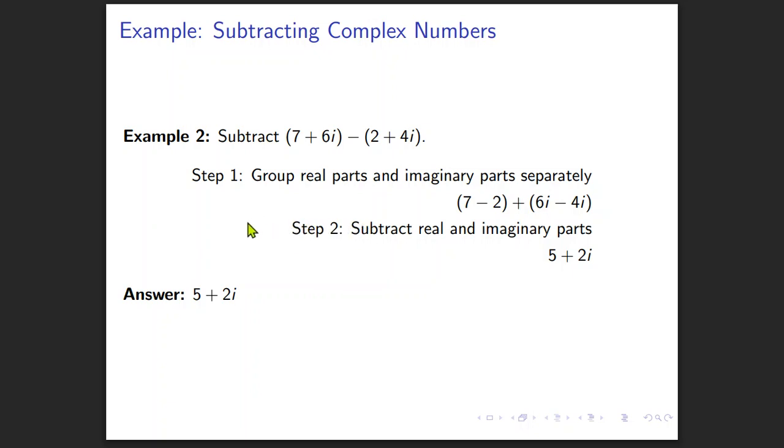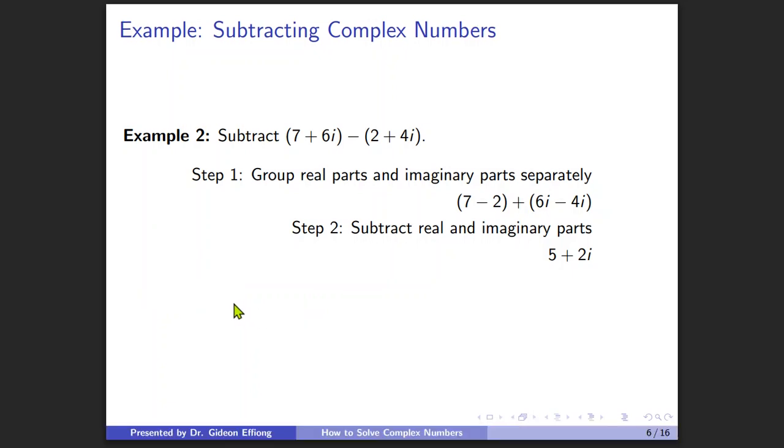When you do that, you'll have 7 minus 2 plus 6i minus 4i. Step 2: subtract the real and imaginary parts. So the result will be 5 plus 2i.